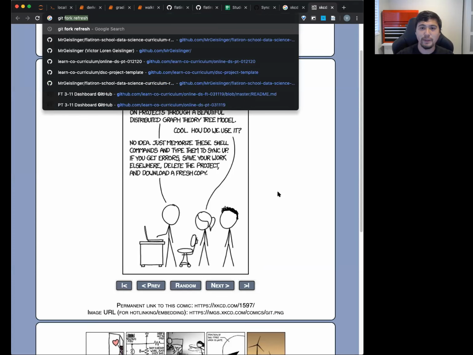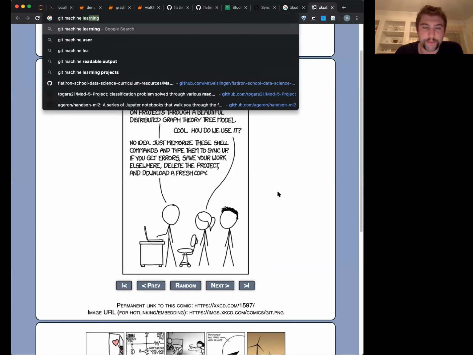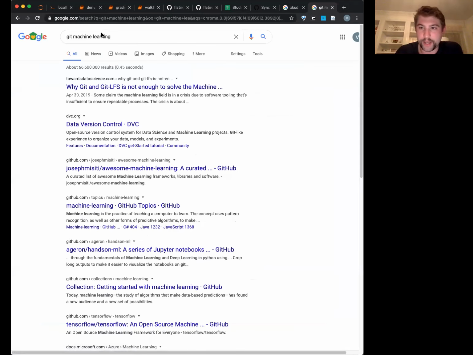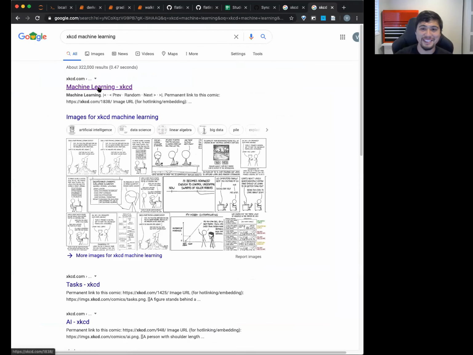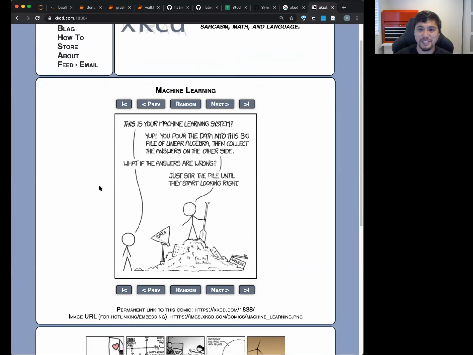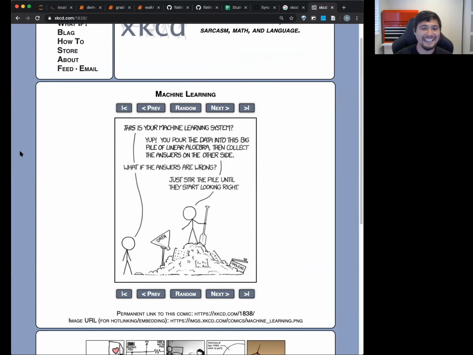I just like pointing that out. Like my machine learning models: no idea, just memorize it and see what happens. Oh no, he has a perfect one of these too. Machine learning. This is pretty much what you were talking about, Michael, earlier, about adjusting things. Sometimes people just keep adjusting things until it works.